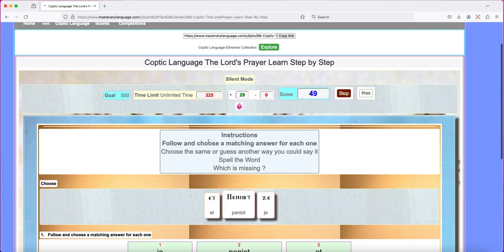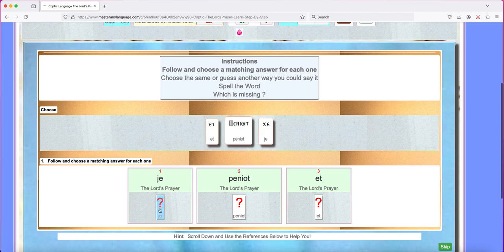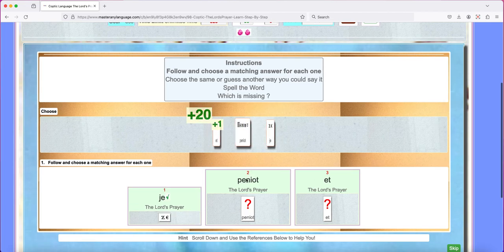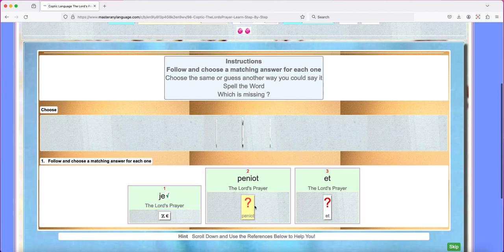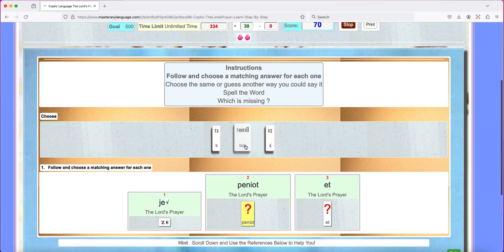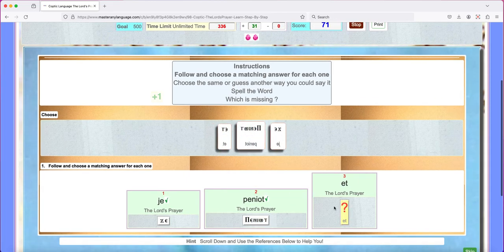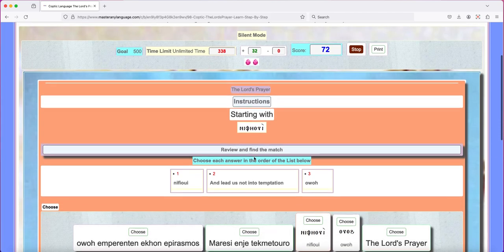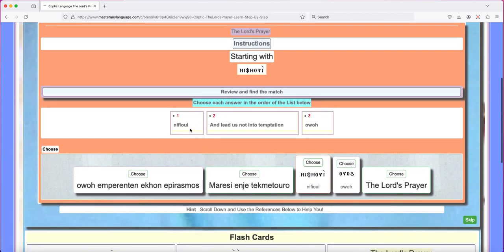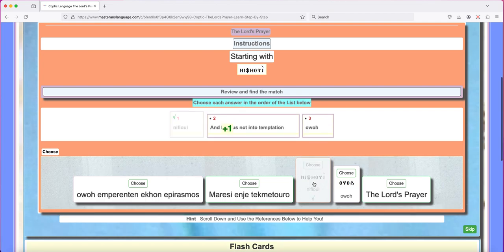Pekran. Okay, so je. Now we match the word to the matching word. Okay, et nifiowi. Starting with nifiowi, match that. And lead us not to temptation.